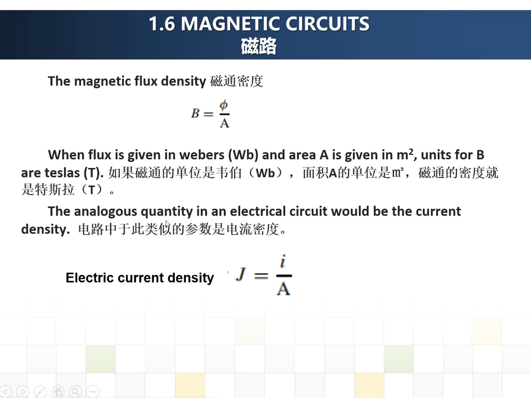The analog quantity in the electrical circuit would be the current density. The electric current density J is equal to I divided by A, which is the current divided by the cross-sectional area.